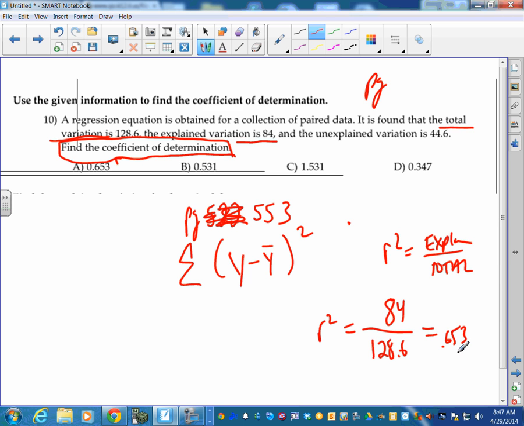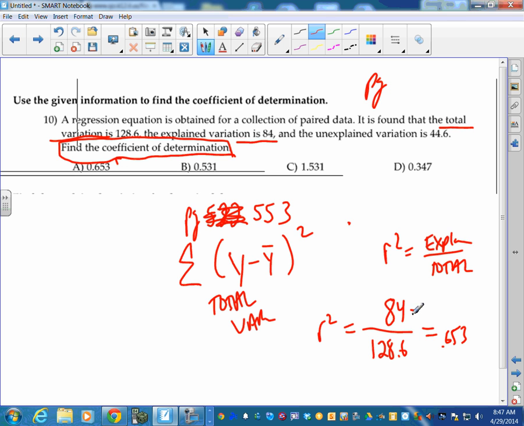Perfect. So what's the left thing? That's also total variation. So we don't have to worry about that, we just leave it as explained over total. One of the questions yesterday asked for total variation. This one's asking for the coefficient of determination. That page answers both of them.